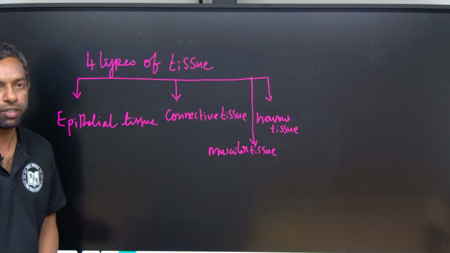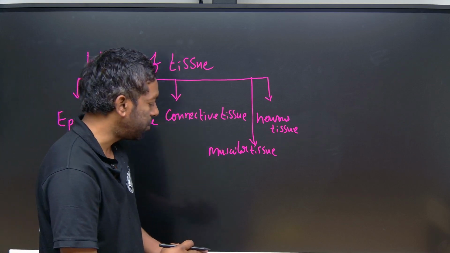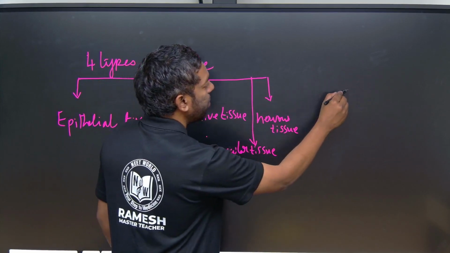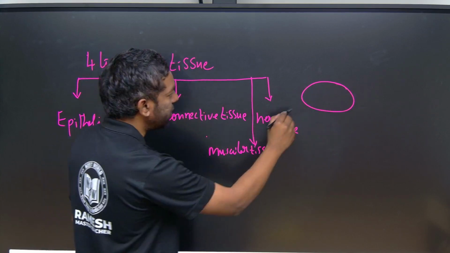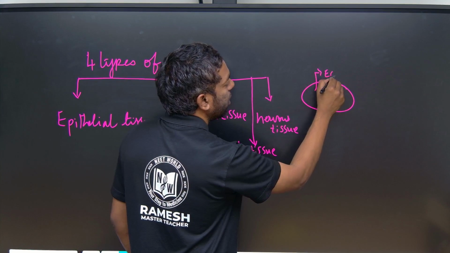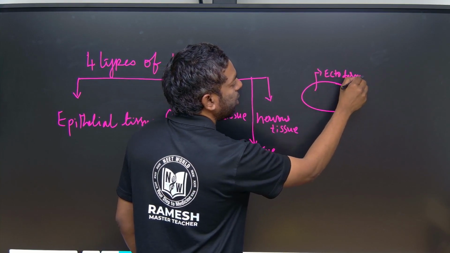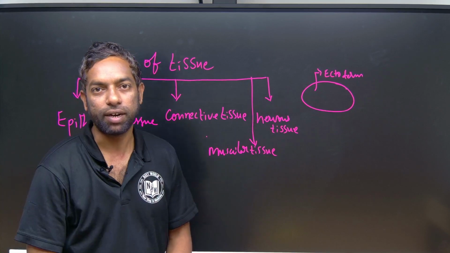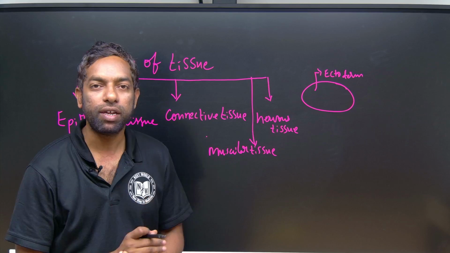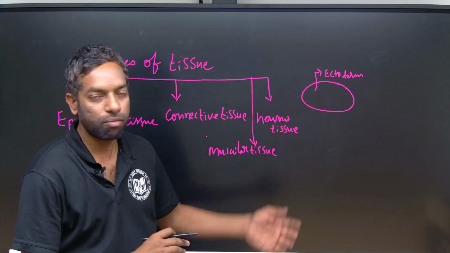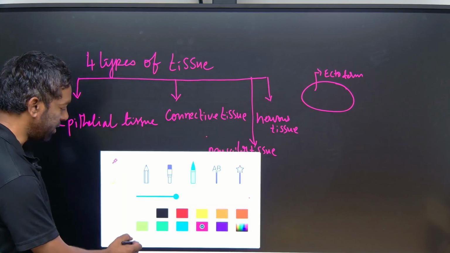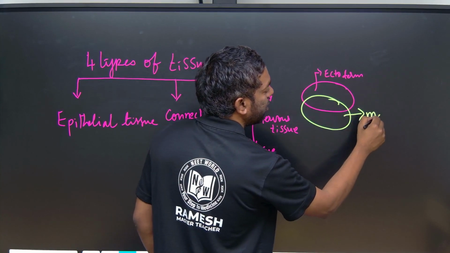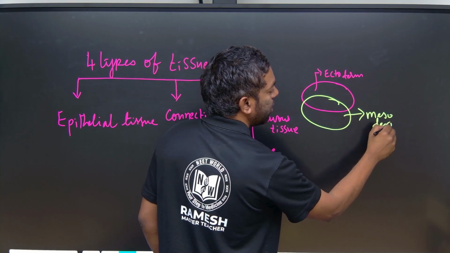These 4 types of tissues originate from 3 types of germ layers: ectoderm, mesoderm and endoderm. Germ layers are the layers from which the body develops. They have the totipotency character, like stem cells. Every tissue and every organ originates from the 3 types of germ layers.